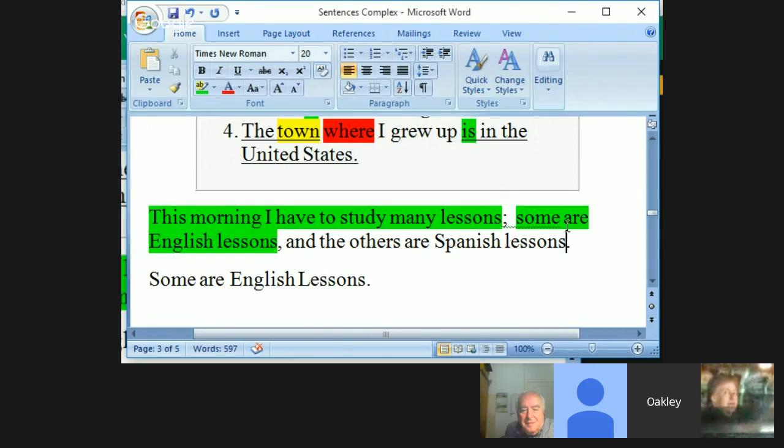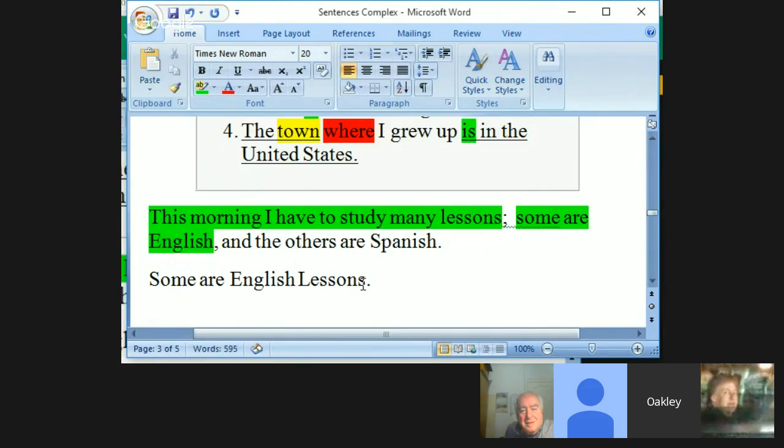I have to study many lessons. Some are English, and the others are Spanish. Yes. But we have to define if they are independent or dependent. Okay. All right.